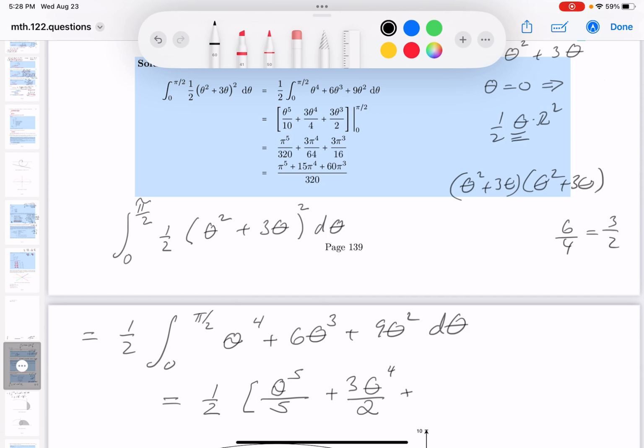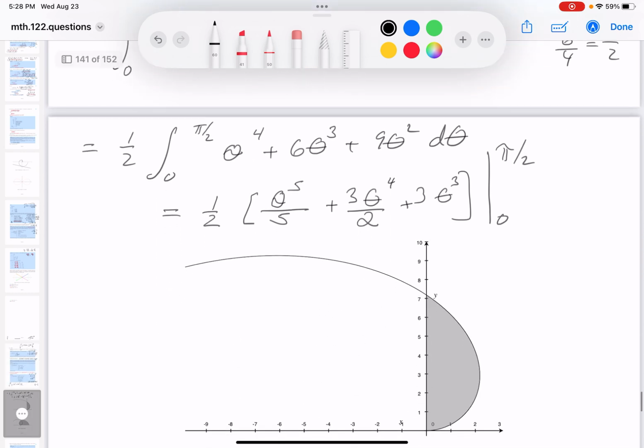What's the next thing I'm going to get? Well, it's going to be theta cubed. Divide by 3, you get 3 over there. What are my limits of integration? 0 to pi over 2. I've got some work to do, and it might be tedious, but I have to do it, and then I'll check the key to see if I get the right number. Before I do it, though, I want to get a common denominator. What would that be? Looks like 10.